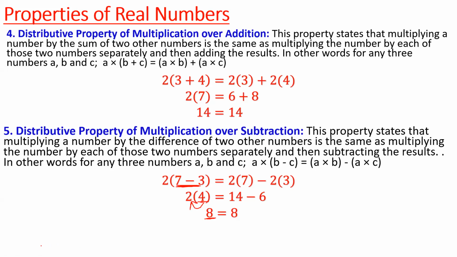But we're saying that's the same thing as taking the 2, multiplying by the 7, taking the 2, multiplying it by the 3, and then subtracting. Right? So that's what the distributive property states. You could subtract first, then multiply, or you could multiply first, then subtract, and you still get the same answer. That's what the distributive property of multiplication over subtraction tells us.